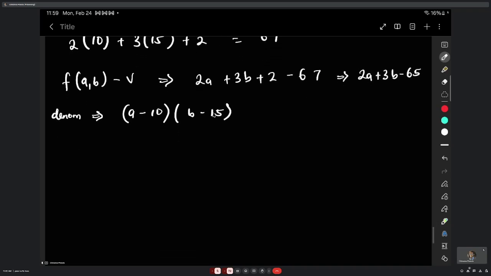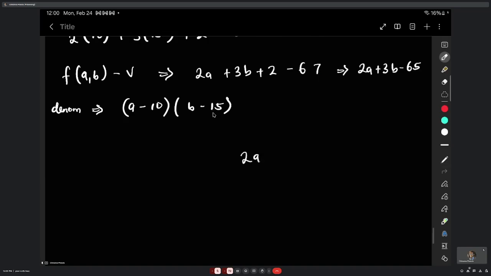Okay, let's divide it one by one. So this is 2A plus 3B minus 65, divided by A minus 10. Can you divide like that?